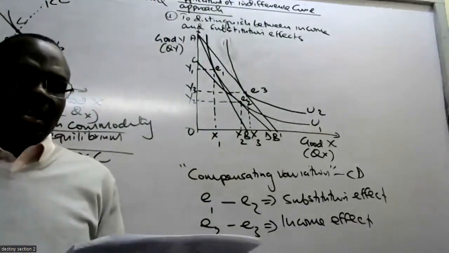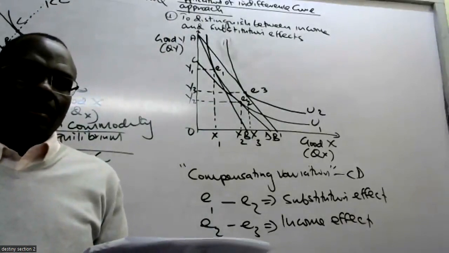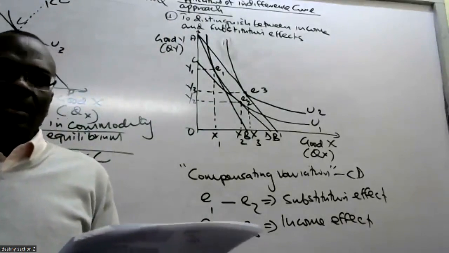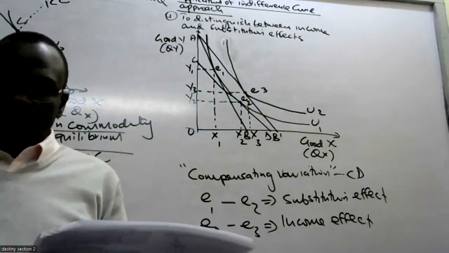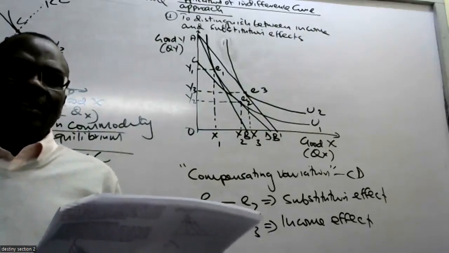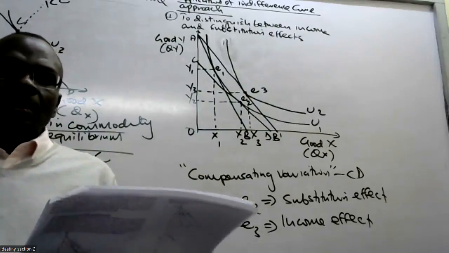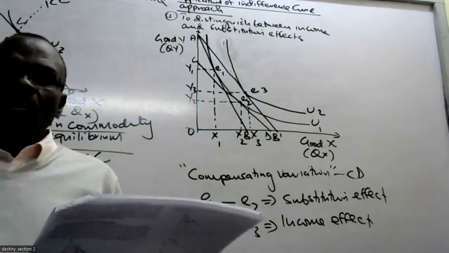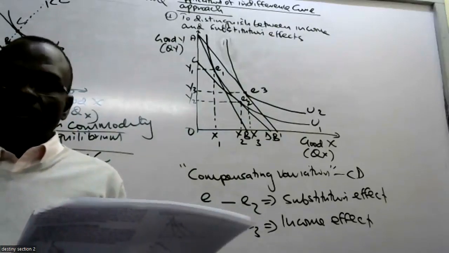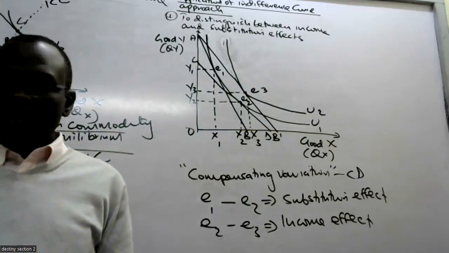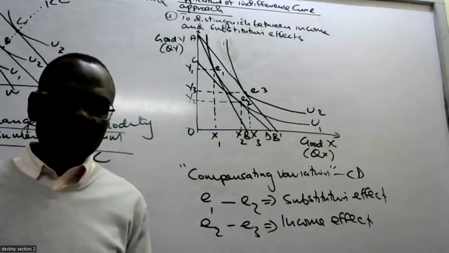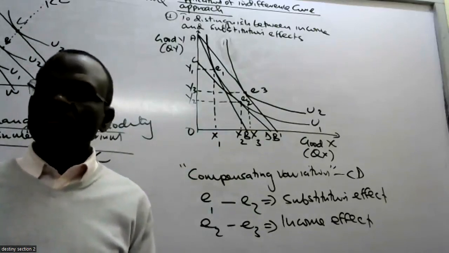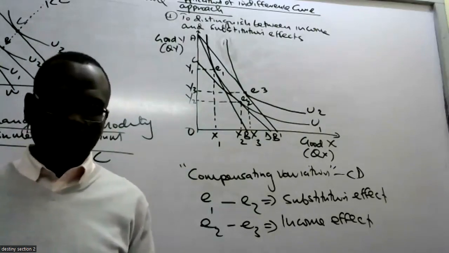So to distinguish between the income and substitution effect, we are looking at page 7. A fall in the price of commodity X results in an increase in the quantity demanded of the same commodity. The quantity demanded of that commodity will increase. This is called the total price effect.